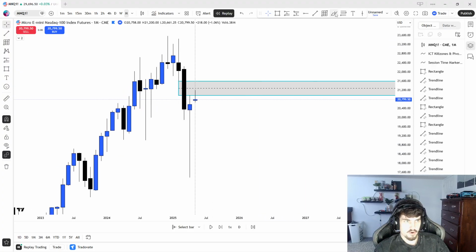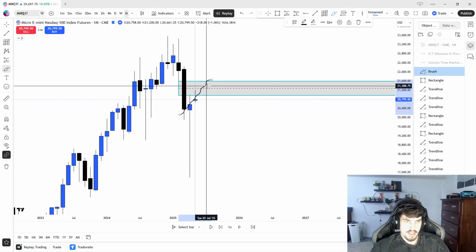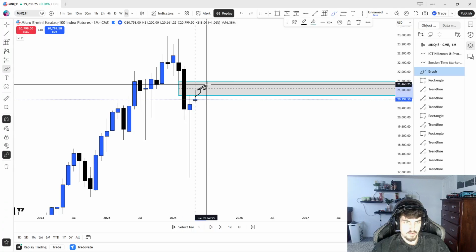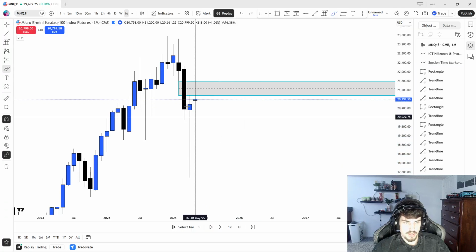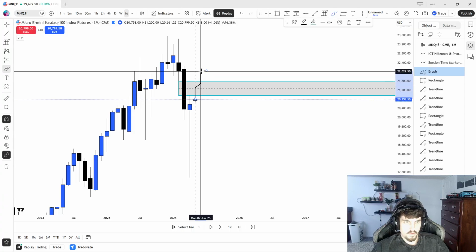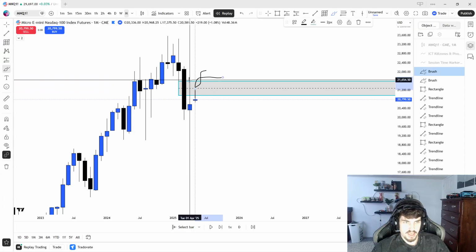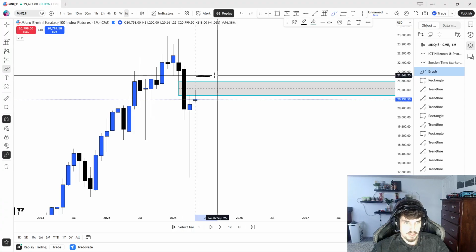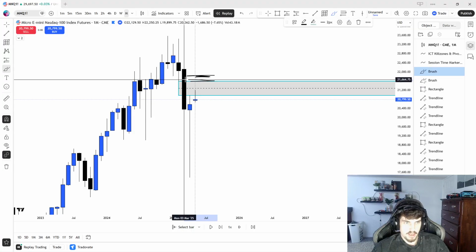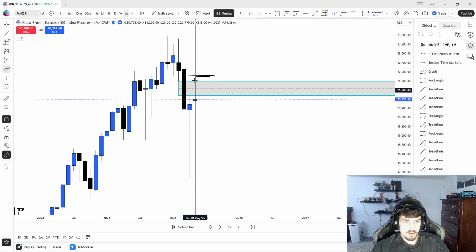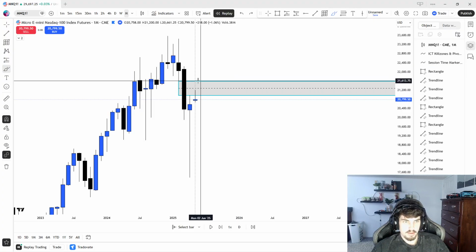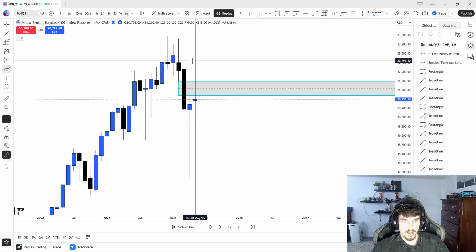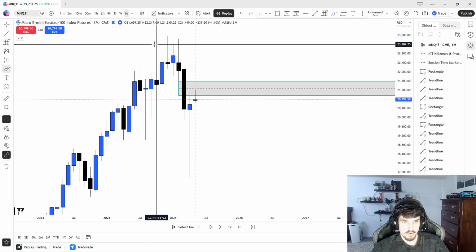We can expect either price to come into this and then get a reaction off of it and come back down to the downside to continue us down lower. Or if we close above it and we have a candlestick closure above this level right here, this line from the gap, then we can consider that price might want to possibly go higher for these highs right up here, to this draw on liquidity.